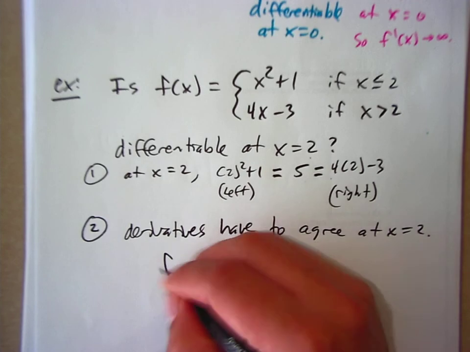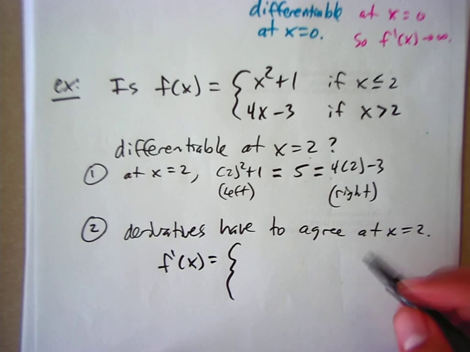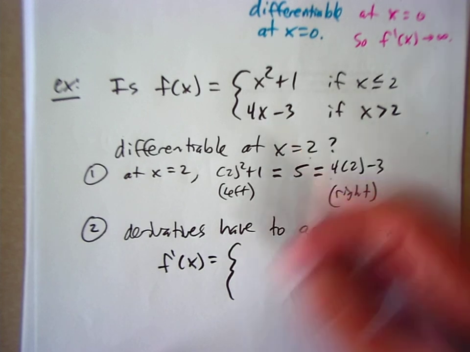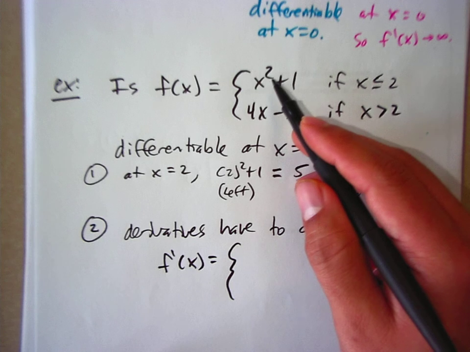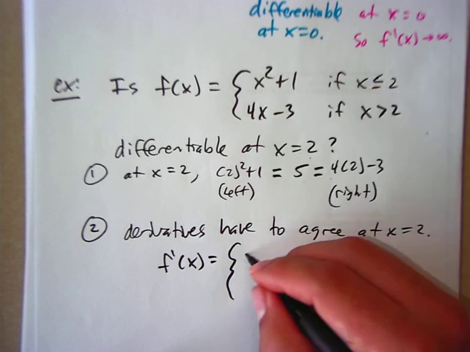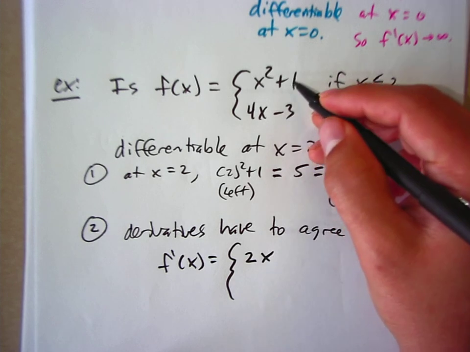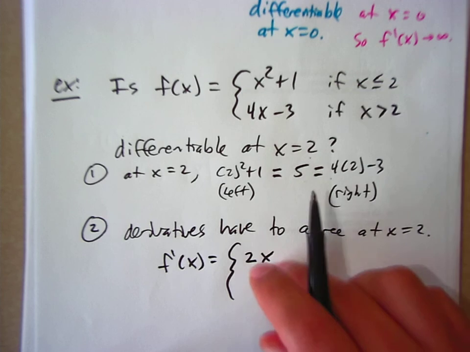First, we're going to go ahead and find the derivative of the 2 pieces there. To find the derivative, f prime of x, remember the power rule, right? This 2 just comes out in front. You get 2x. And if you take the derivative of 1, that's going to be 0. So we get just 2x there.